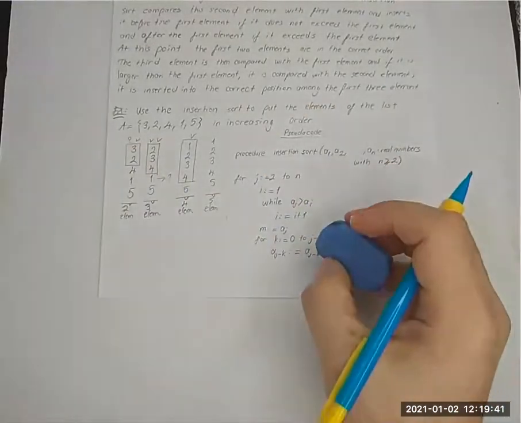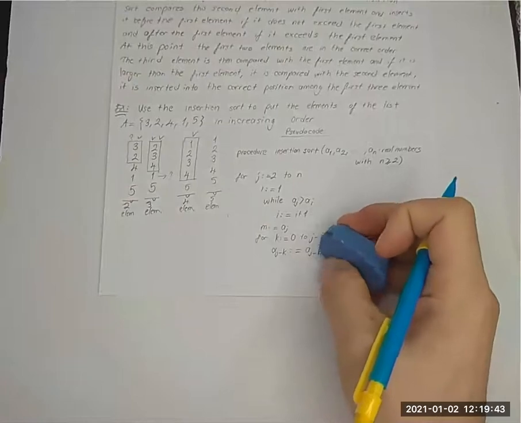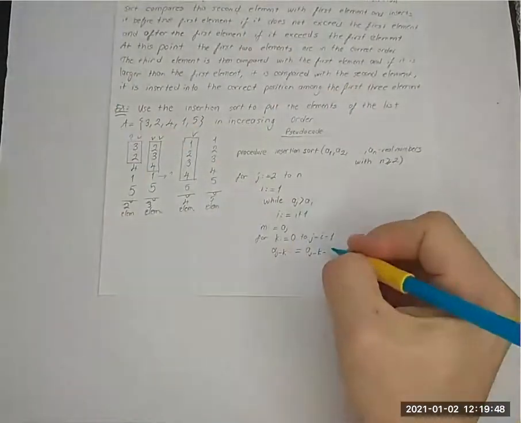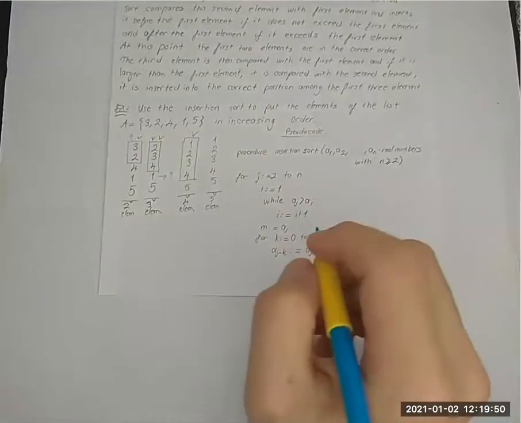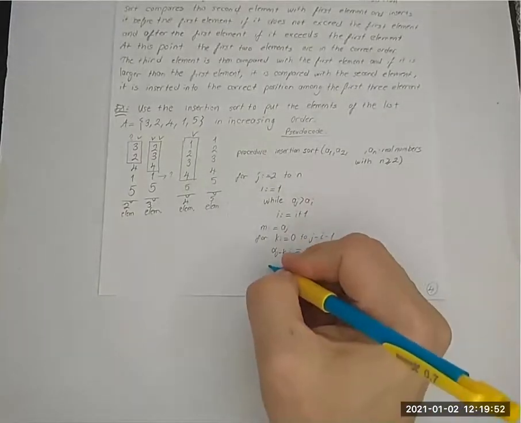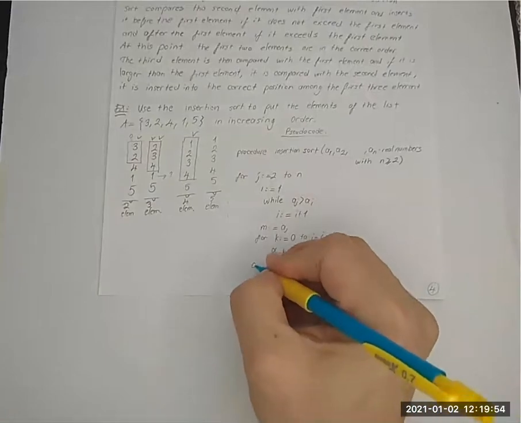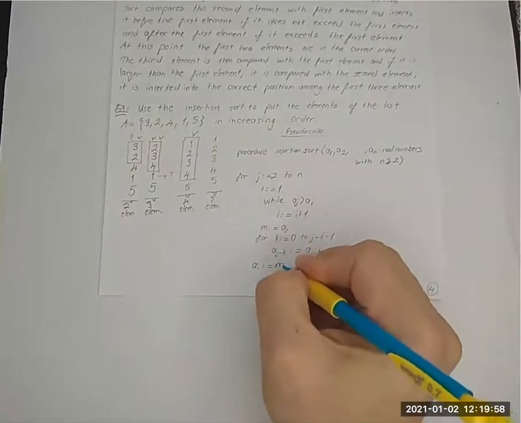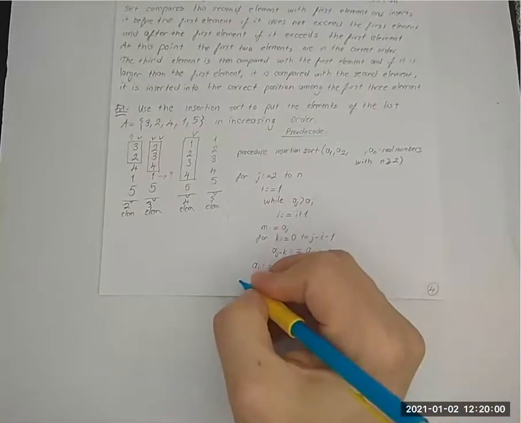So this is the index of the A, and then A_i = m.